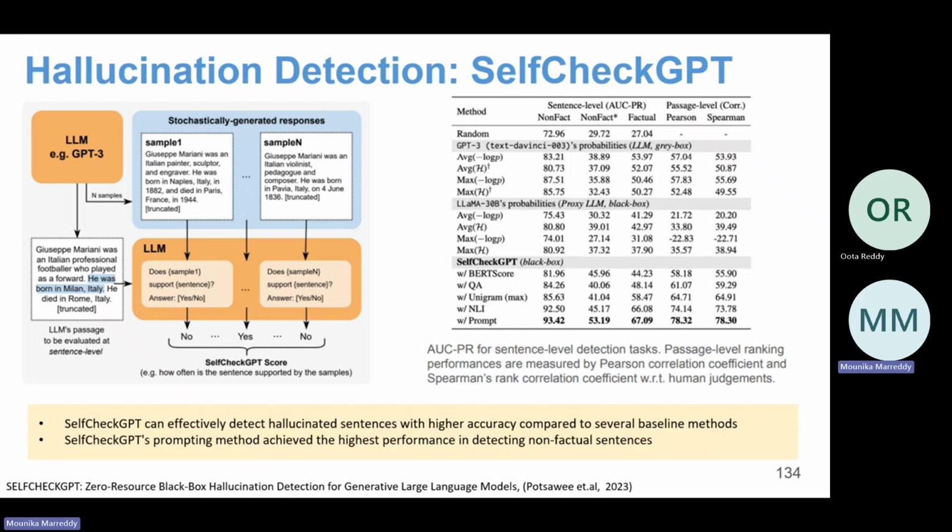We can conclude that SelfCheckGPT can efficiently detect hallucinated sentences with higher accuracy compared with several baseline methods and also with the random method. And also SelfCheckGPT's prompting method achieved the highest performance in detecting non-factual sentences.